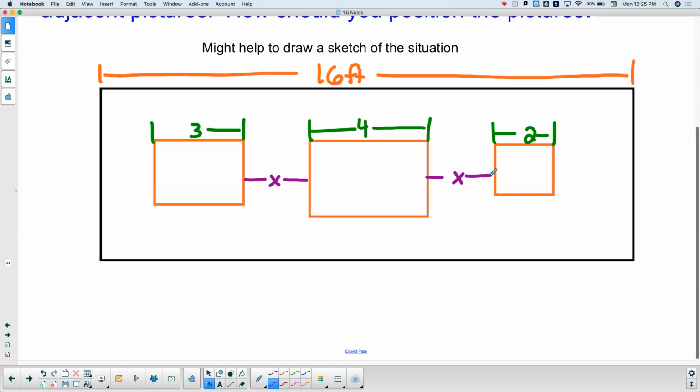And lastly, it said that it wanted the space outside to be 6 inches more than the space between the pictures.